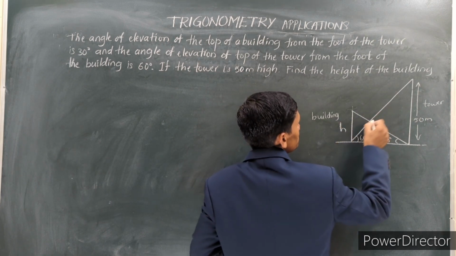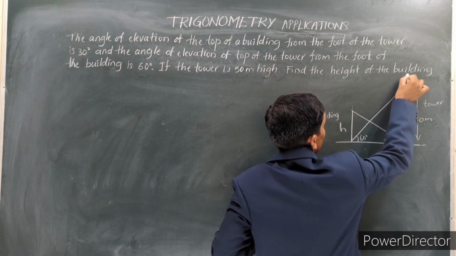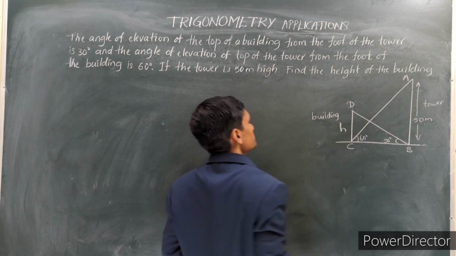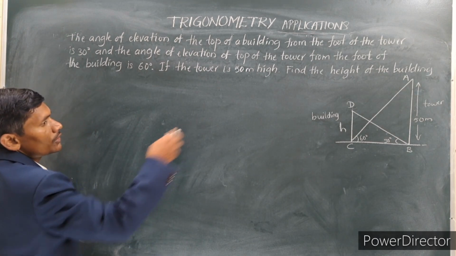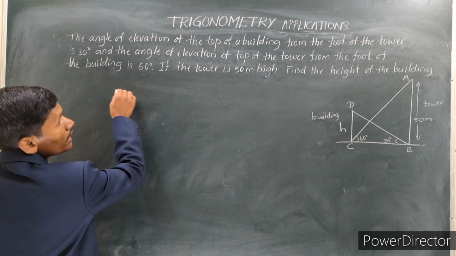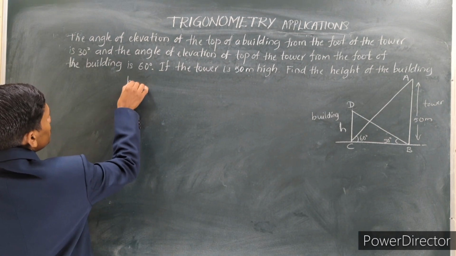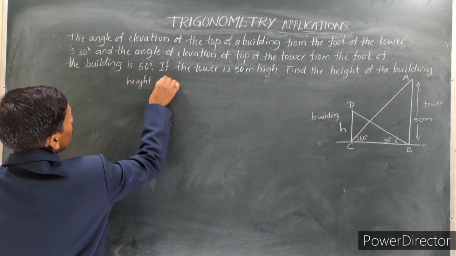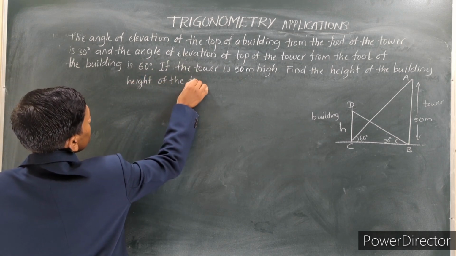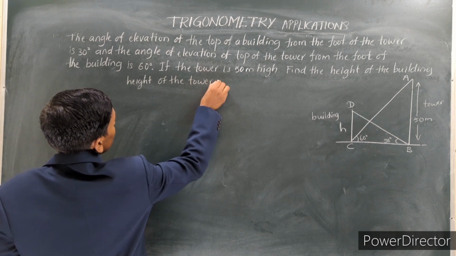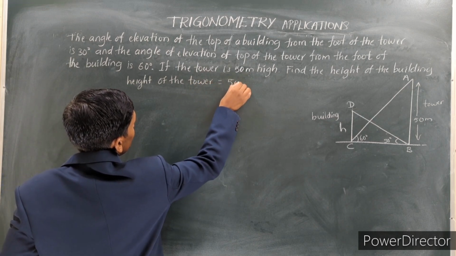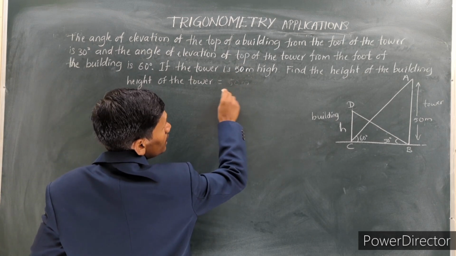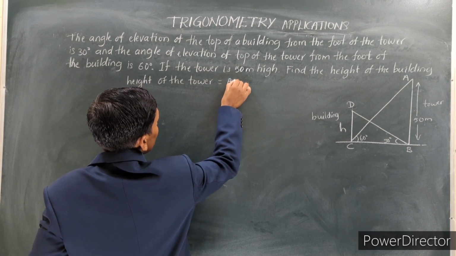Name the figure: A, B, C, D. Now, what is given? The height of the tower they have given. The tower is how much? 50 meters. That is AB.